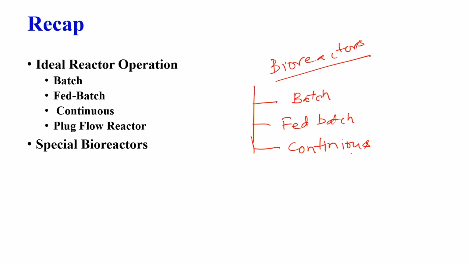Now, in the continuous mode, there is both inlet and outlet, it operates at steady state. Batch, there is no inlet, there is no outlet. In the fed batch, there is only inlet and no outlet.